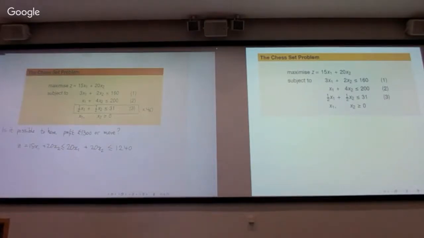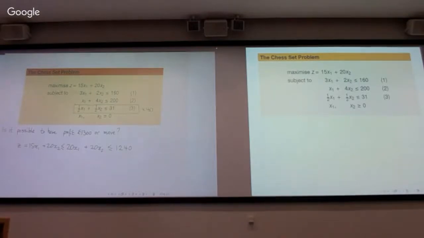Okay, so what we can see is that if we take x1 and x2 that satisfy the third inequality, there's no way we could achieve the value of z 1,300, because it will certainly not be more than 1,240.